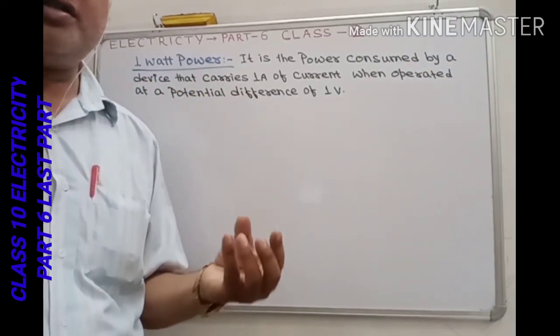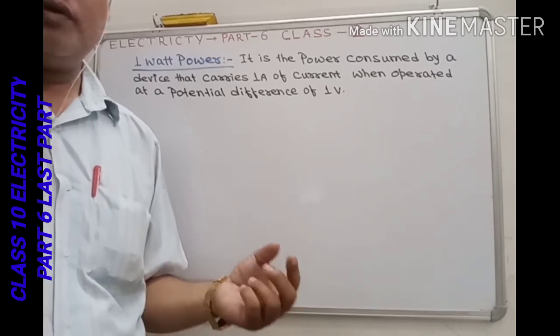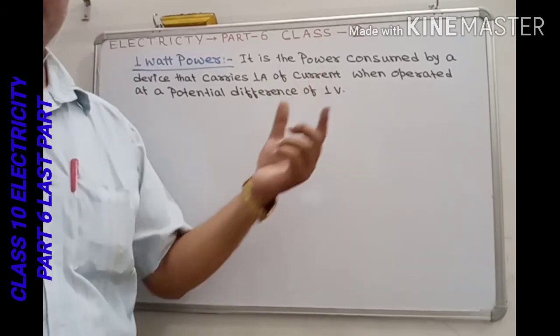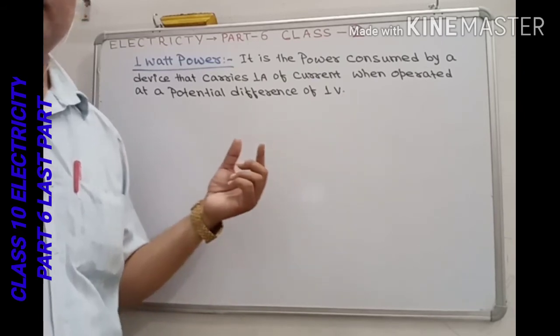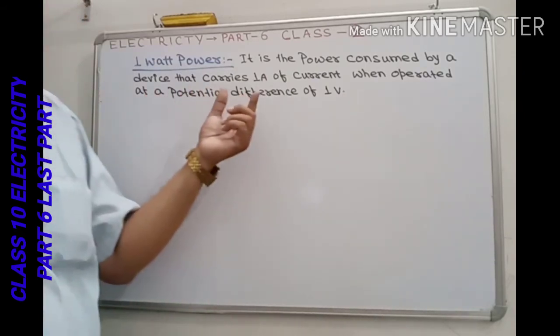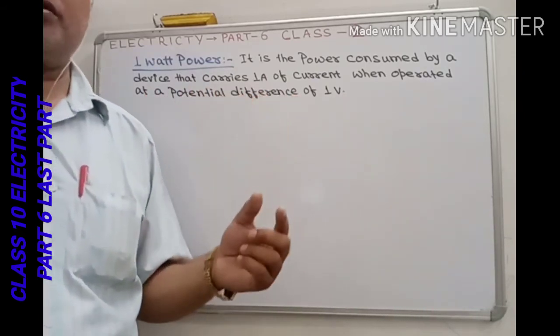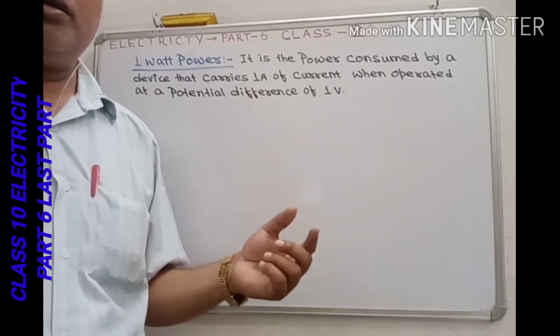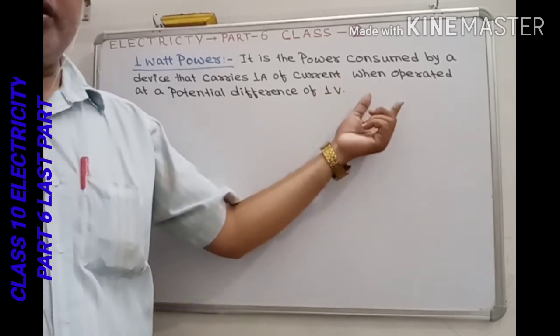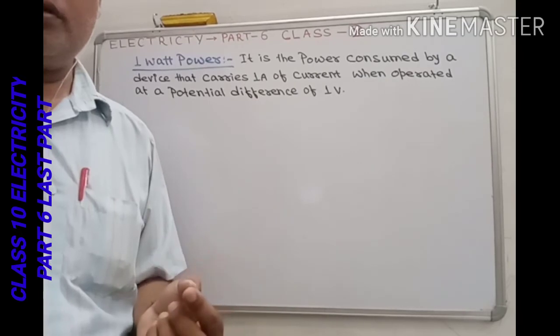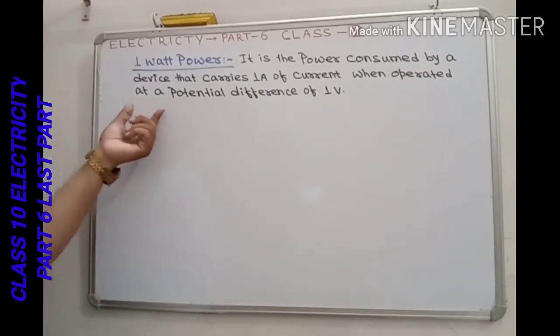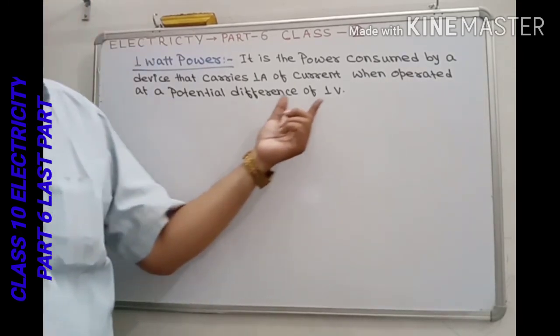It is the power consumed by a device that carries 1 ampere of current when operated at a potential difference of 1 volt.